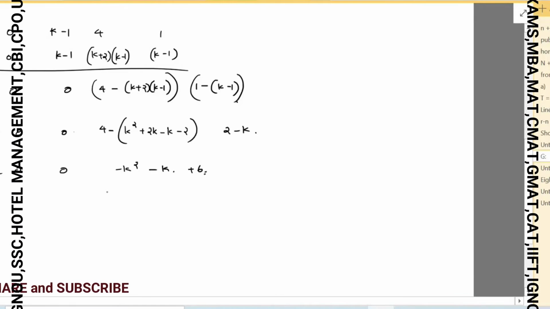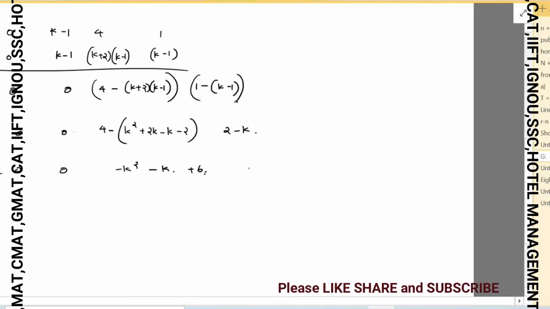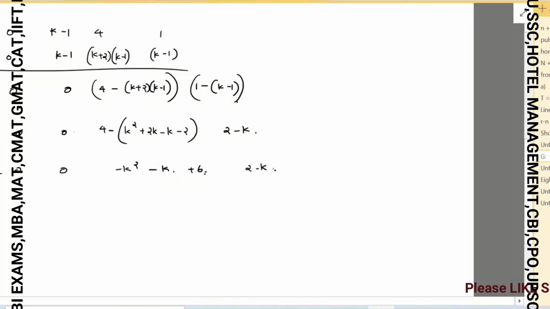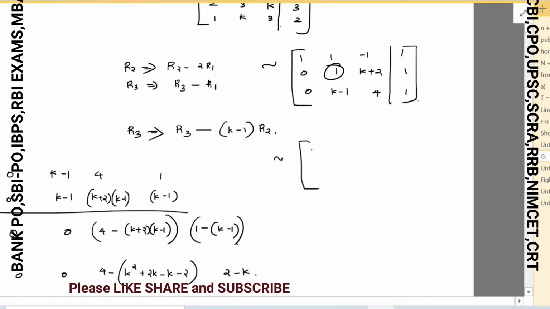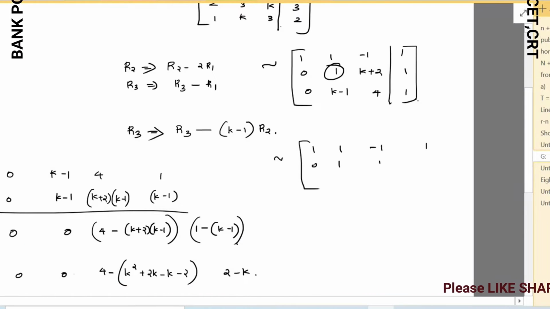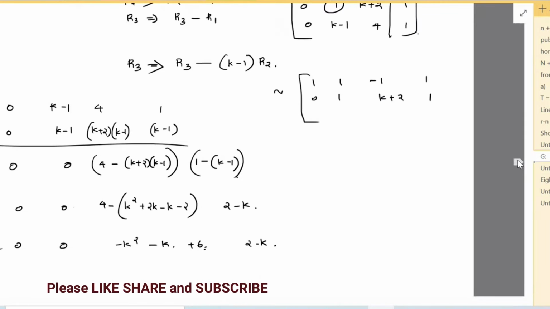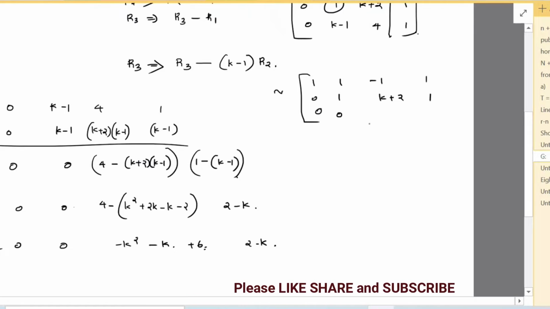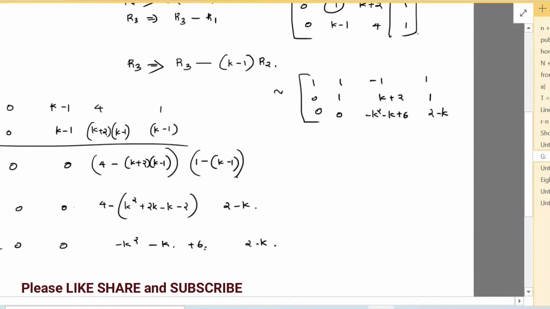So that will be minus k square minus k plus 6, and the fourth element will be 2 minus k. So the new matrix will be 1 1 minus 1 1, 0 1 k plus 2 1, and the third row changes to 0 0 minus k square minus k plus 6, 2 minus k.